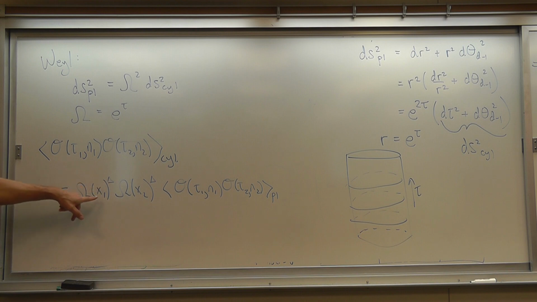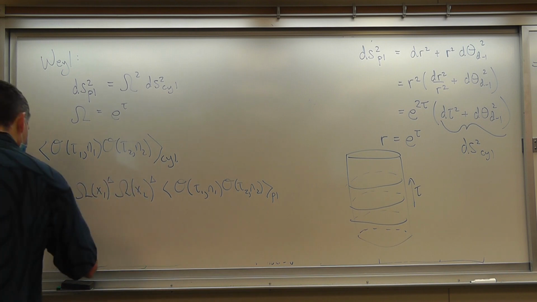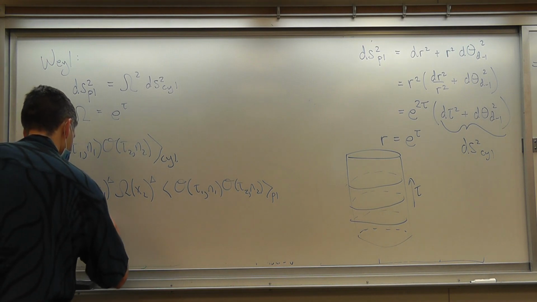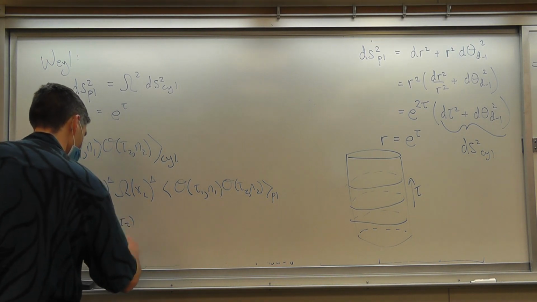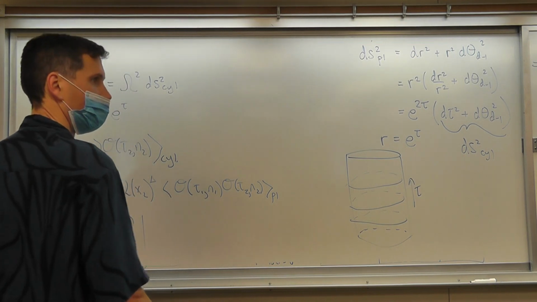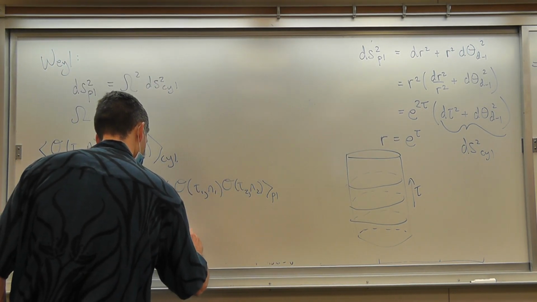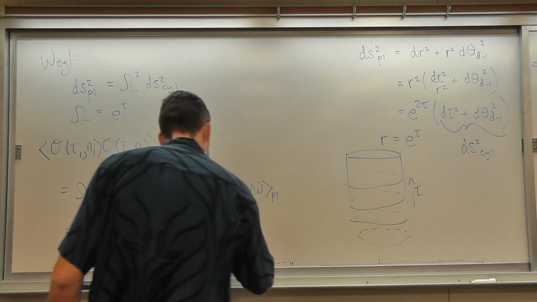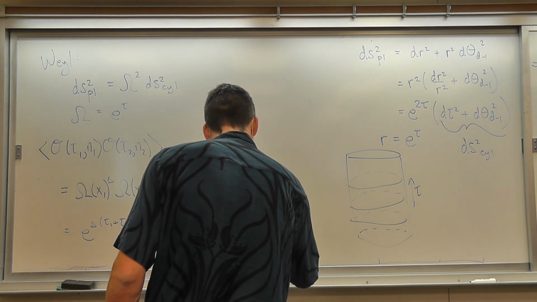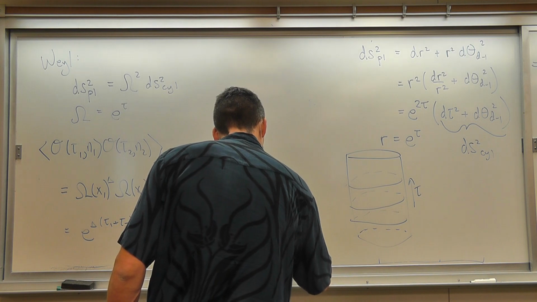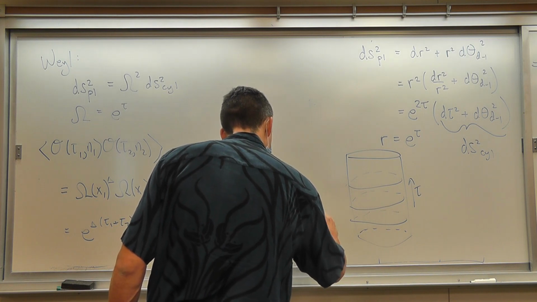So this gives you an e to the tau 1 and e to the tau 2. So the final answer is e to the delta (tau 1 plus tau 2) times that thing that we had there, (e to the 2 tau 1 plus e to the 2 tau 2 minus 2 e to the tau 1 plus tau 2 n1 dot n2) to the minus delta.